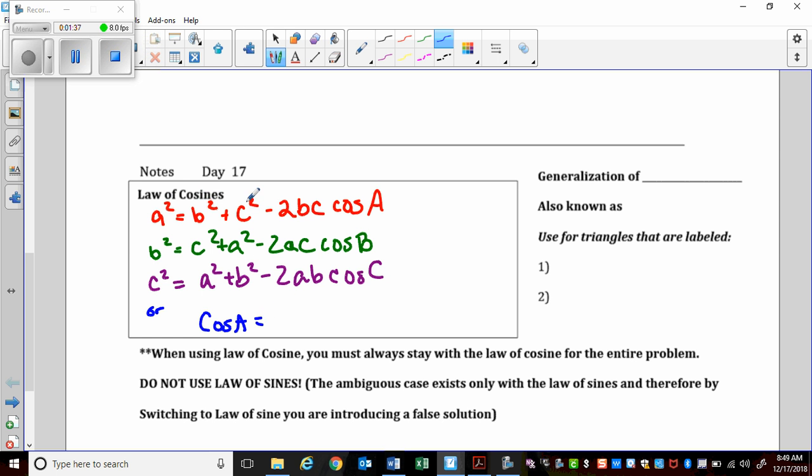It is equal to b squared plus c squared minus a squared over 2bc. And if we factor out a negative, this is exactly what it's going to look like. This is just the generalization of the Pythagorean theorem.